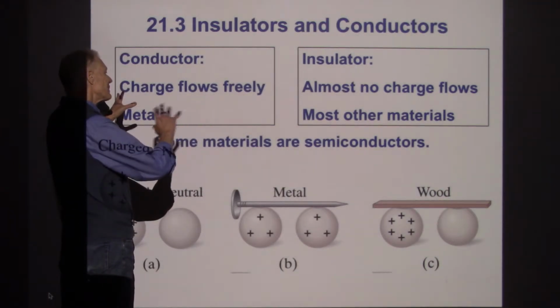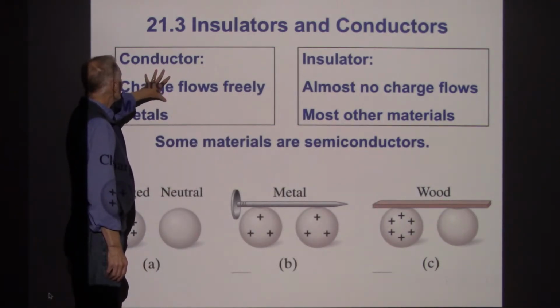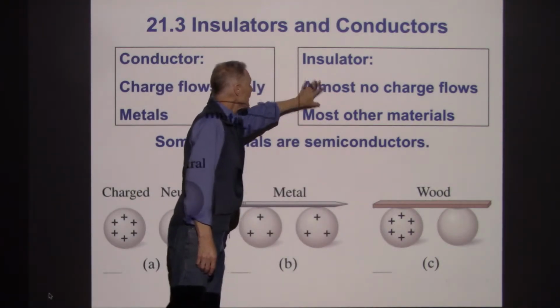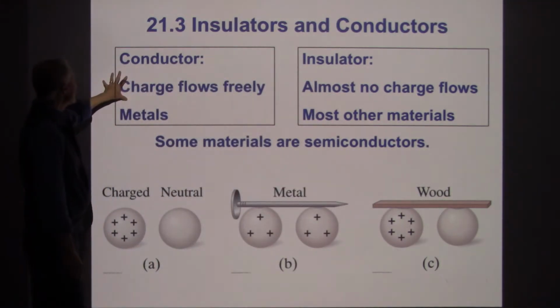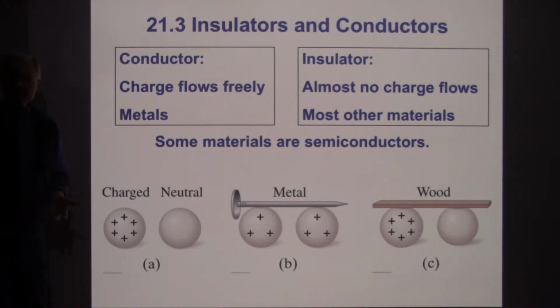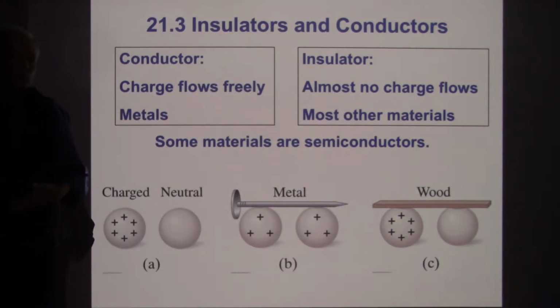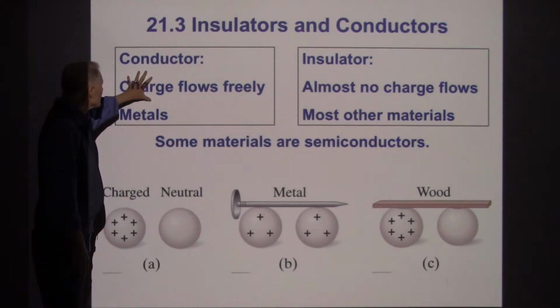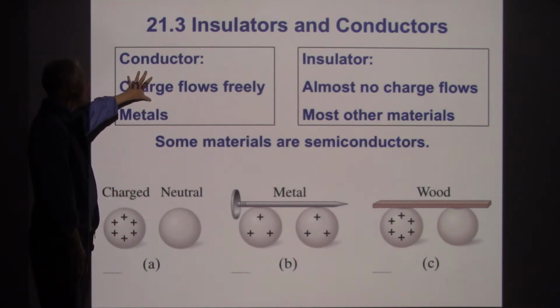All right, we tend to take materials and divide them into what we call electrical conductors or electrical insulators. The idea with a conductor is that charges are able to move quite freely through that material. Now, when we think about materials that are conductors, we're really thinking, for the most part, of electrons.